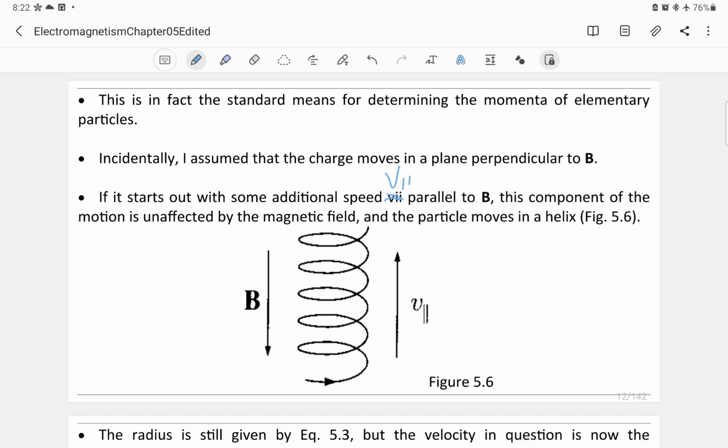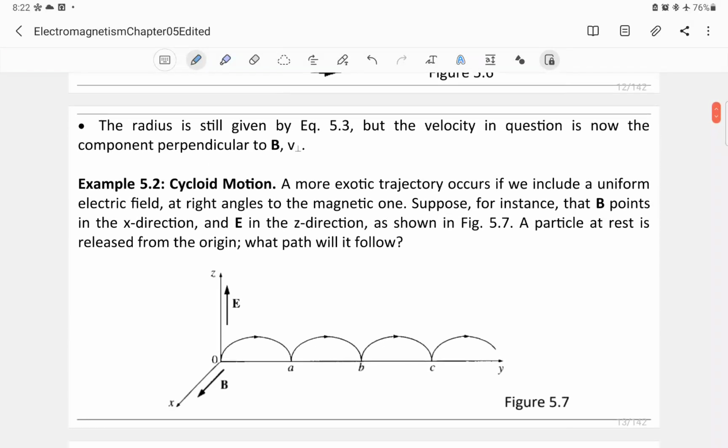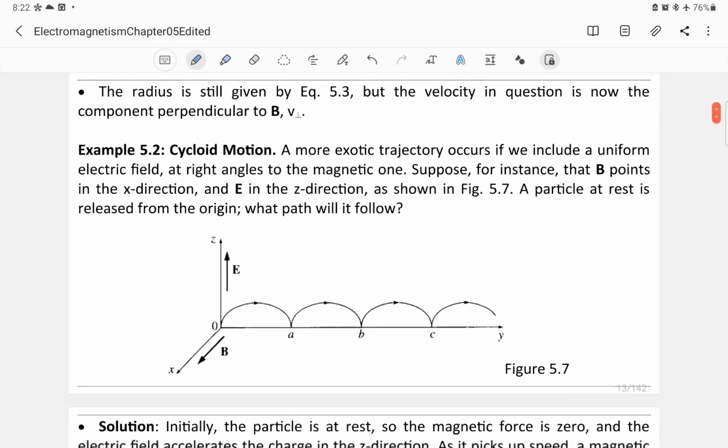It moves like in a spring, following the path of a spring, and it goes away with a constant radius going away from you, or going towards you is the same thing if the charge is opposite. The radius is still r, but the velocity in question is now the component of v perpendicular to b.